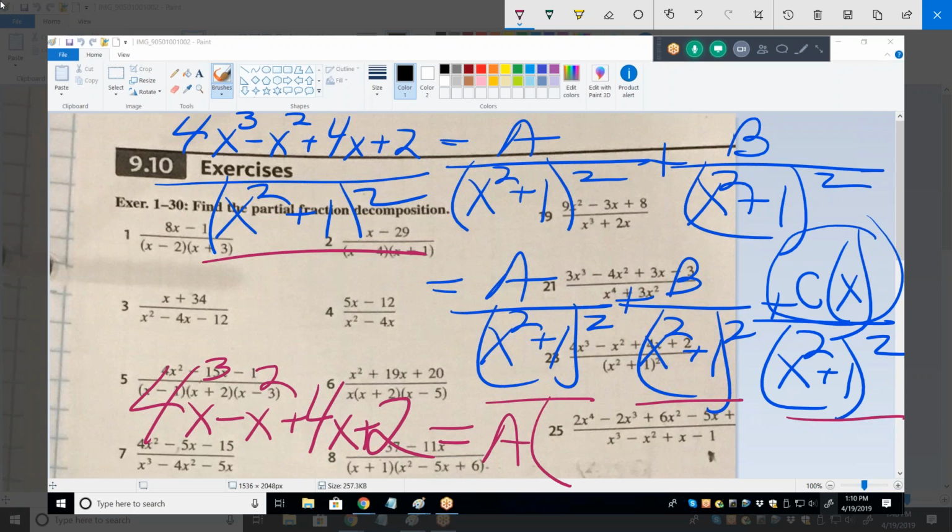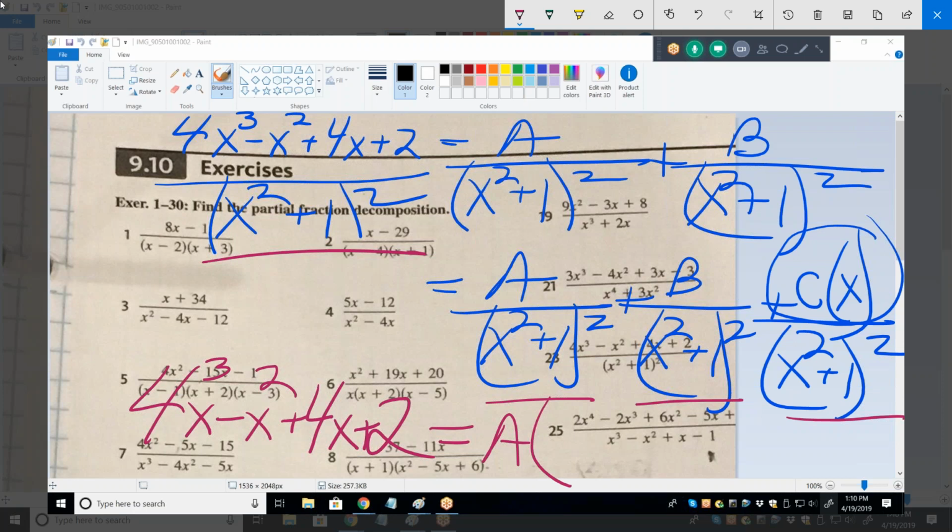Yeah, I've done this wrong already. So it would be A times x. Okay, yeah. We're going to end up with an x to the fourth. We don't want that. So that tells me immediately I've got problems.